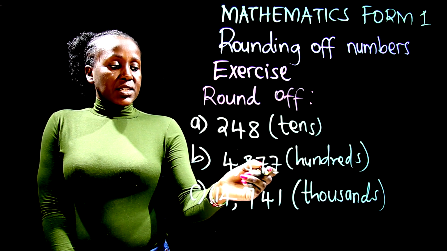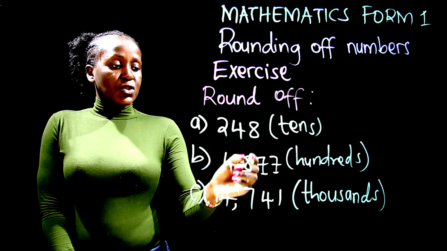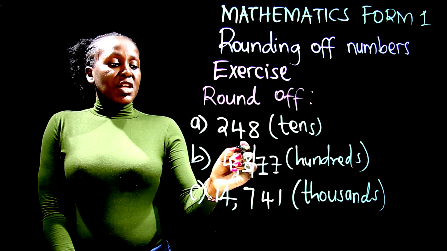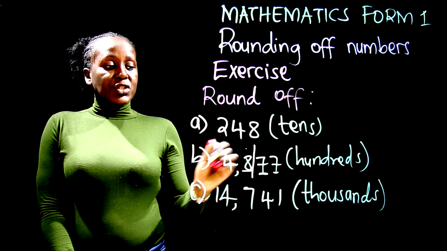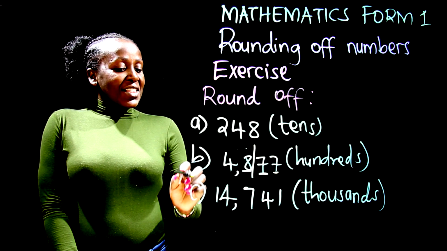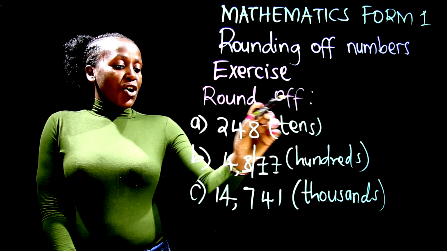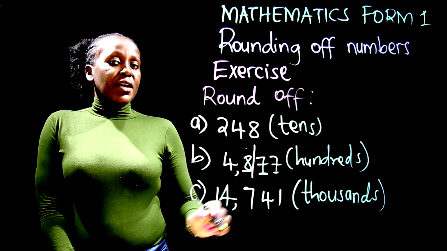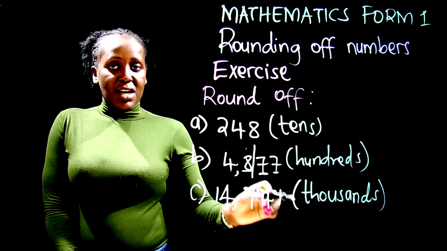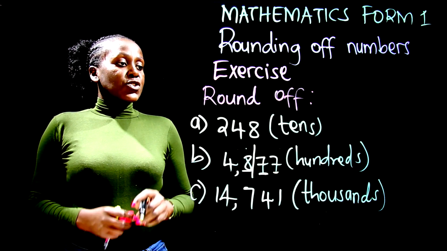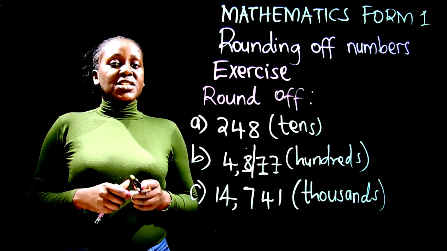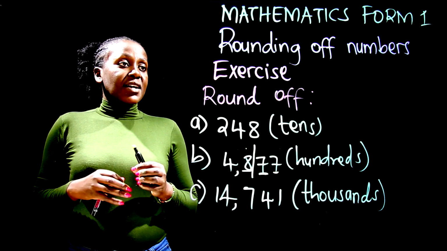You count ones, tens, hundreds. You draw your line there, then use this to determine whether you will add a 1 here or not. Then part C, round off 14,741 into the nearest thousands. Attempt this, and if you are able to answer these questions, then it means that you have mastered the art of rounding off numbers.